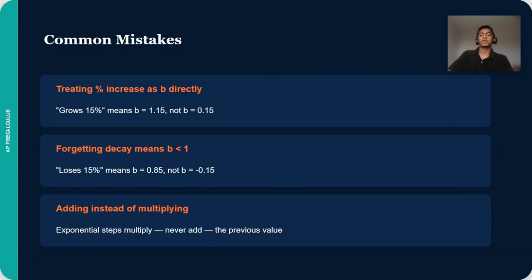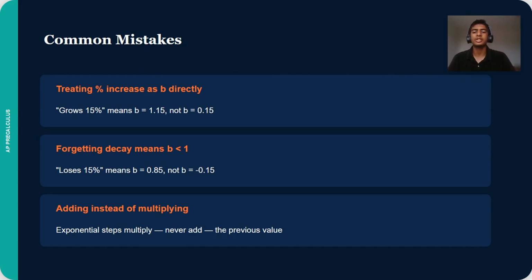Okay, now let's move on to common mistakes. Here are three traps that cost points on every single AP pre-calc exam. 1. Seeing growth of 15% and writing b as 0.15. It's 1.15. 2. The flip side. Losing 15% isn't negative 0.15, it's 0.85 because you're keeping 85%. 3.